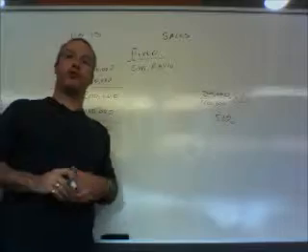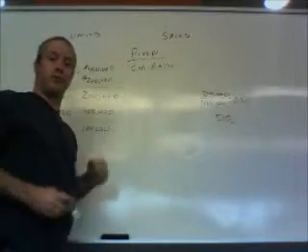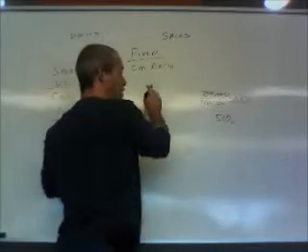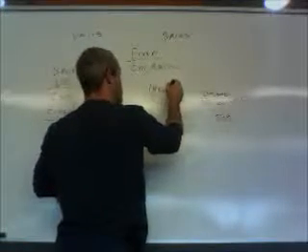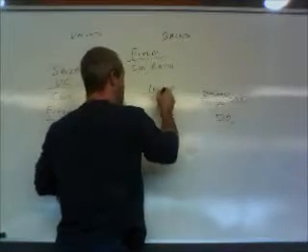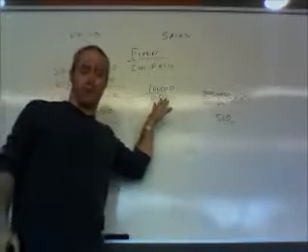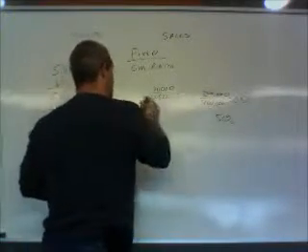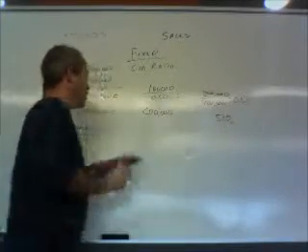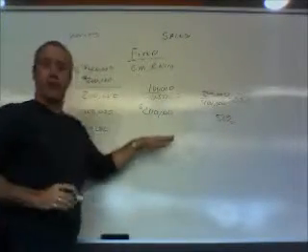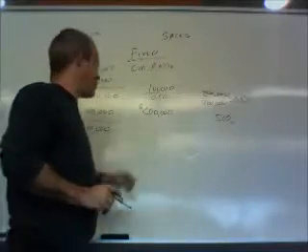Our contribution margin ratio then is 50%. We can take, going back to our example here, $100,000 of fixed costs and divide by our contribution margin ratio. We need sales of $200,000 to break even.